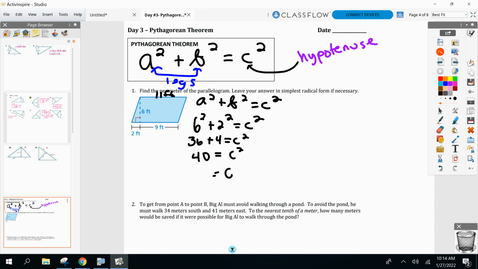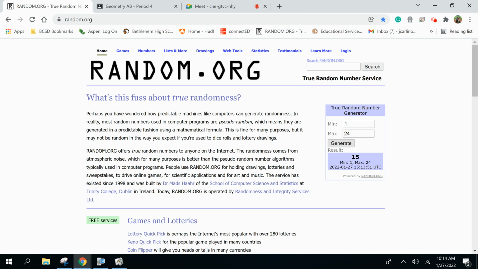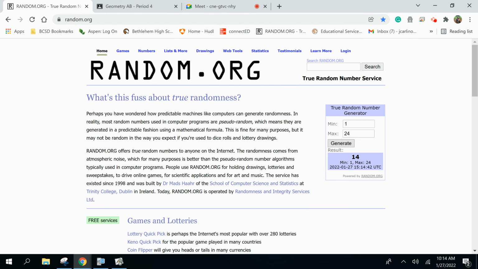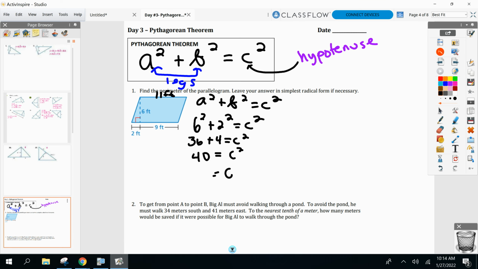When you're ready, what's 40? Square root of 40 breaks down into... Nope. One more time. Nope. 2 radical 10. Do we have a 14 in here, by the way? No, we don't. Correct?